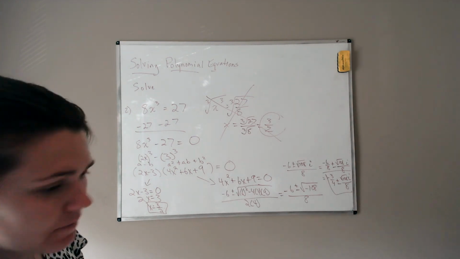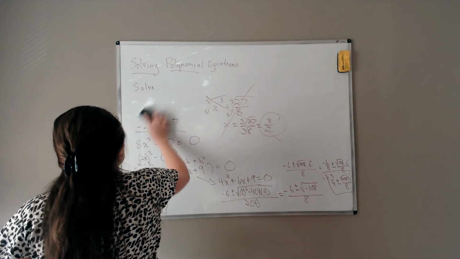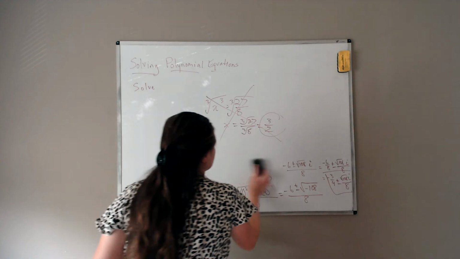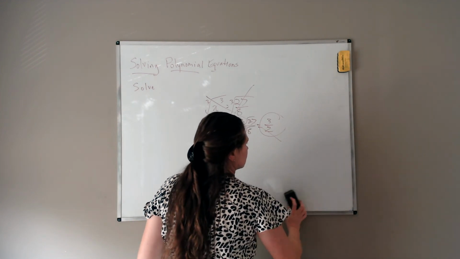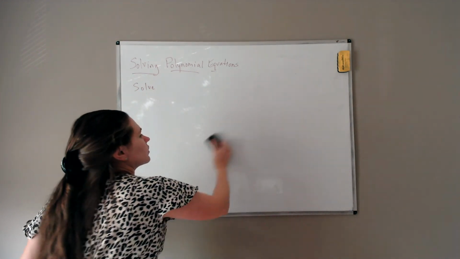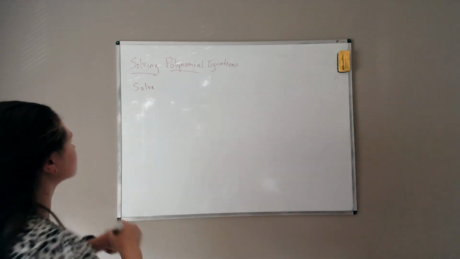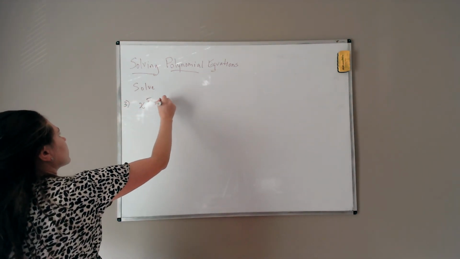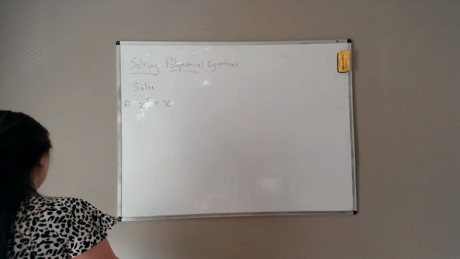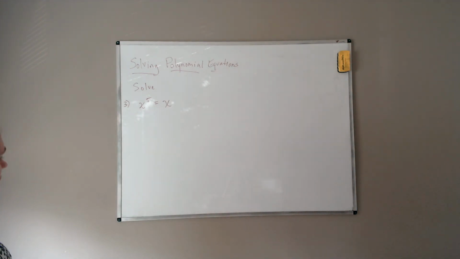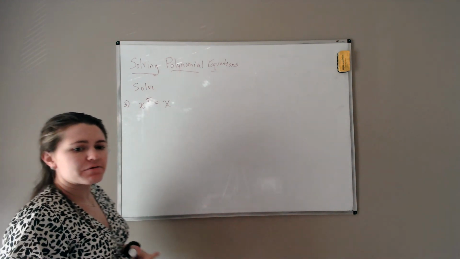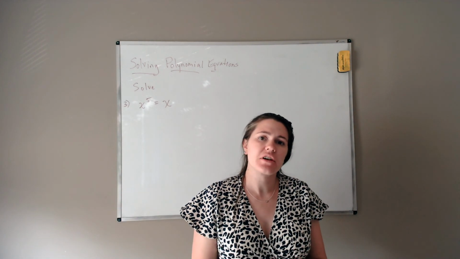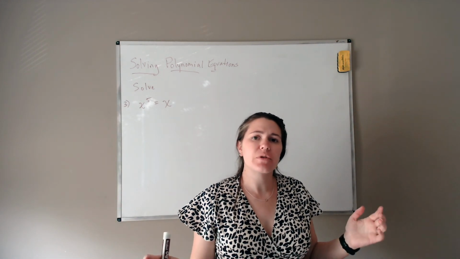Okay, number 3. x to the 5th equals x. For some reason, people like to say, I'm going to divide by x, because there's x's on both sides.